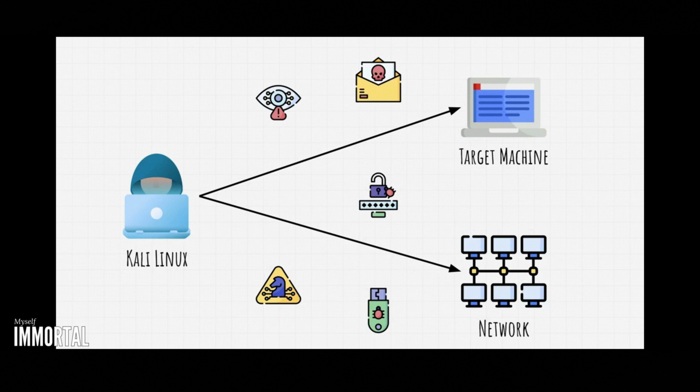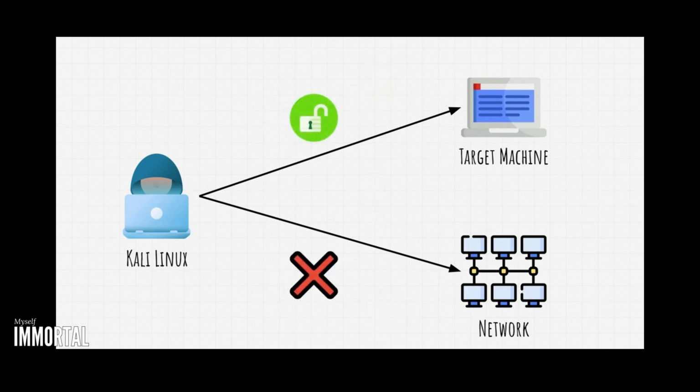The first and most important thing before we even start a penetration test on a target is to figure out: do we have permission to attack this target? This is very important since you don't want to be attacking machines or networks that you do not have permission to attack. It could be that a client told me to only test one machine on the network and not the entire network. Therefore, I'm only allowed to test that one machine.